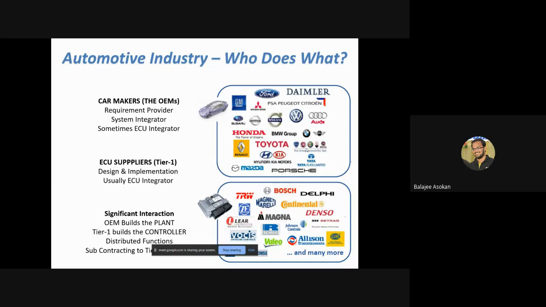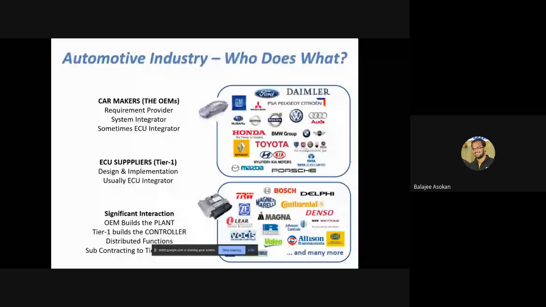So the costlier the car, the more sensors we have to play with, the more actuators and ECUs we use, and a lot more computational complexity is associated with it.